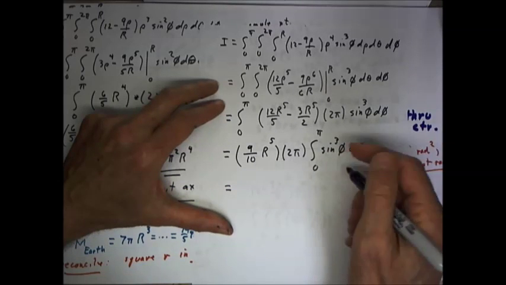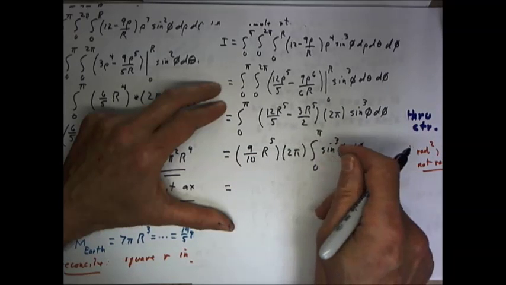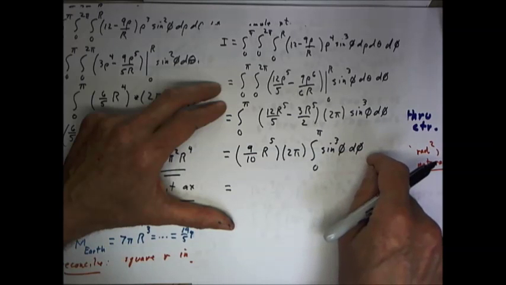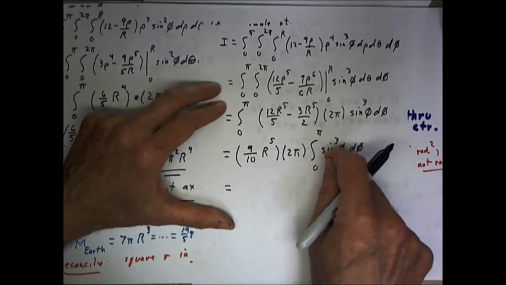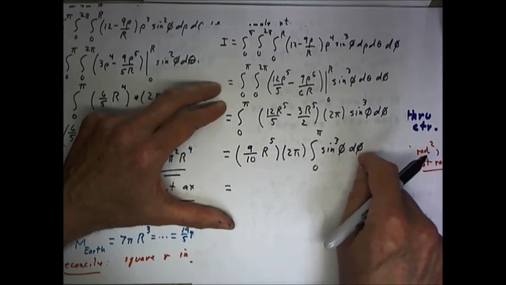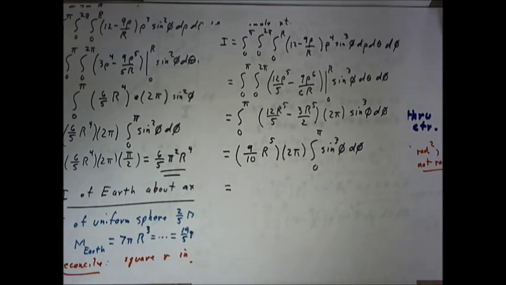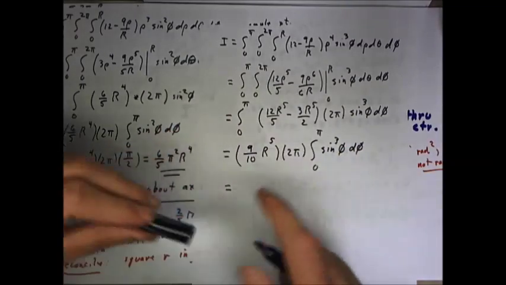It's easy to integrate sine cubed phi. We simply write that as sine phi times 1 minus cosine squared phi. Let u equal cosine phi, so that du is going to be negative sine phi d phi. That's going to come out with a simple short result.